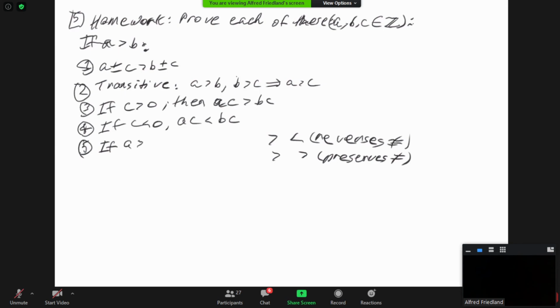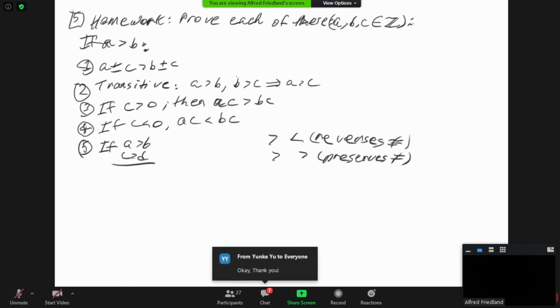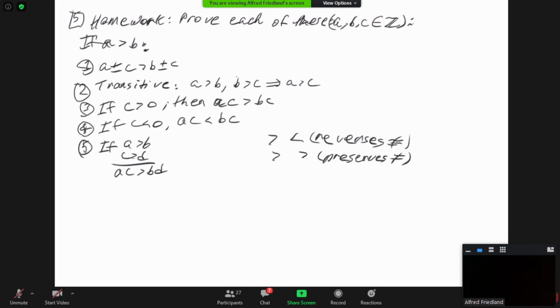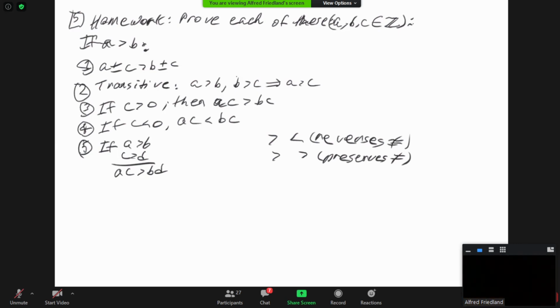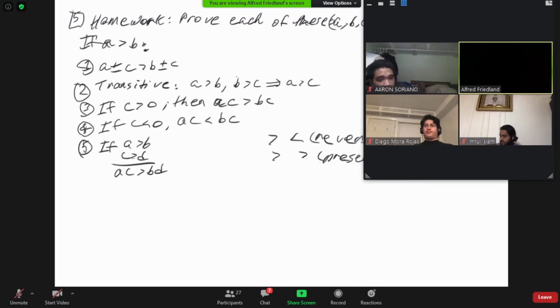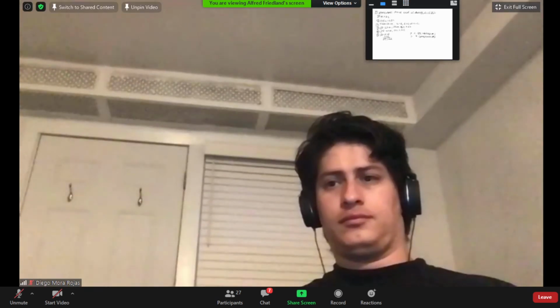So actually do it. If A is bigger than B, and I'll put it underneath like that, then AC is bigger than BD. I made a list of things to prove.